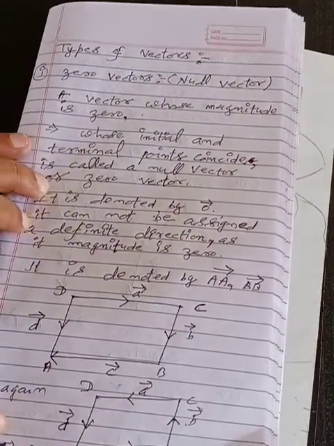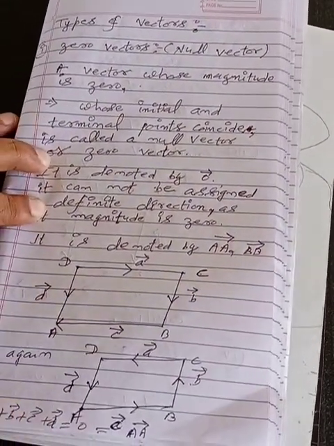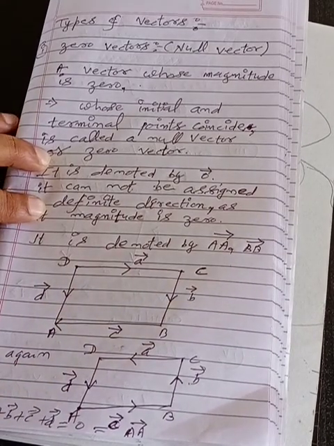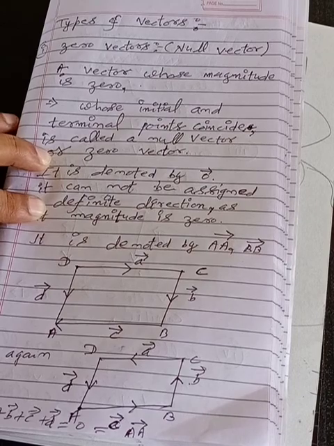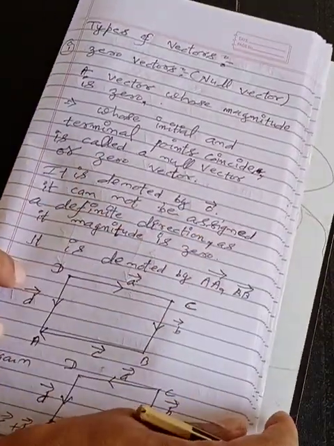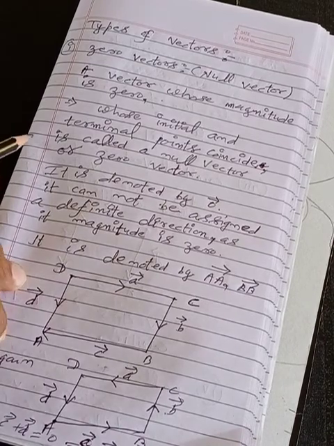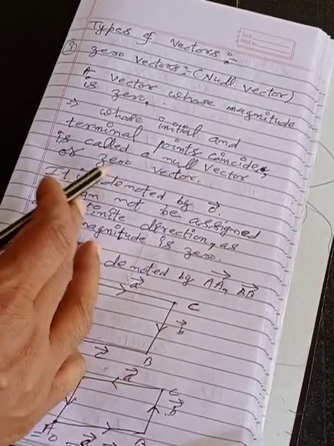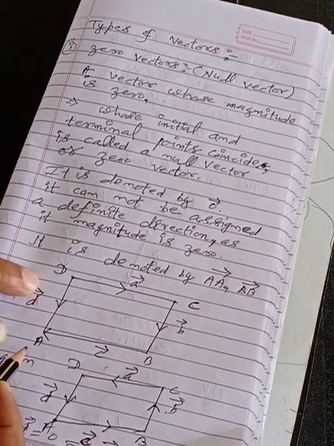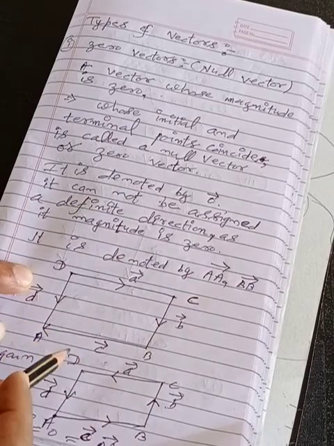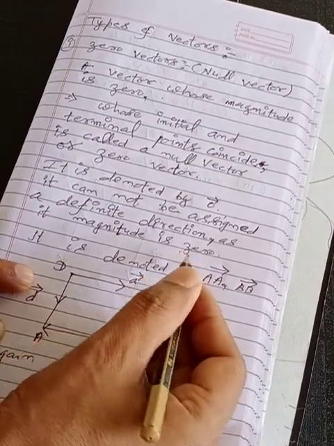Now we will talk about the types of vectors. Zero vector or null vector: the vector whose magnitude is zero is the zero vector. The vector whose initial and terminal points coincide is called a null vector or zero vector, and it is denoted by a zero vector.